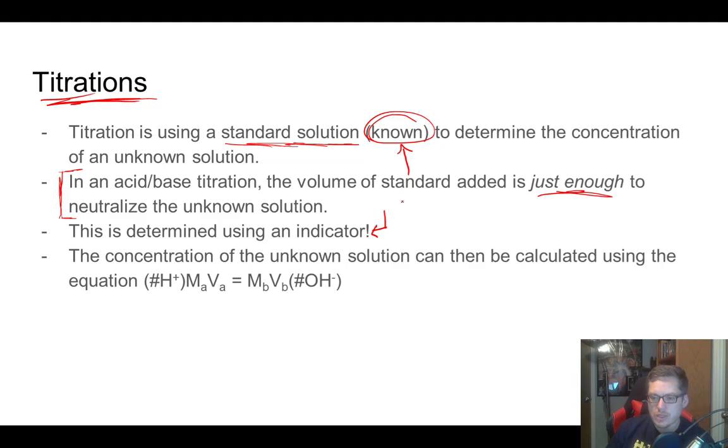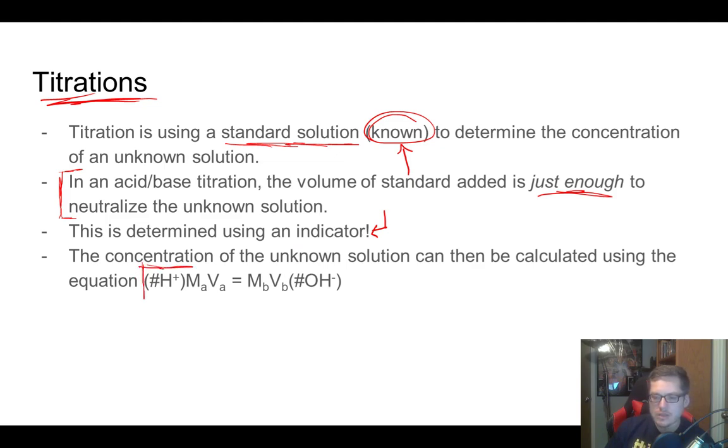So you're going to start with some amount of your unknown solution, and you're going to measure the volume so you know exactly how much unknown you started with, and then you're going to know the concentration of your standard and how much of that you added. Once you reach what's called the equivalence point, or your end point, your color change happens. And once you've reached that end point, you know you're done adding your standard solution.